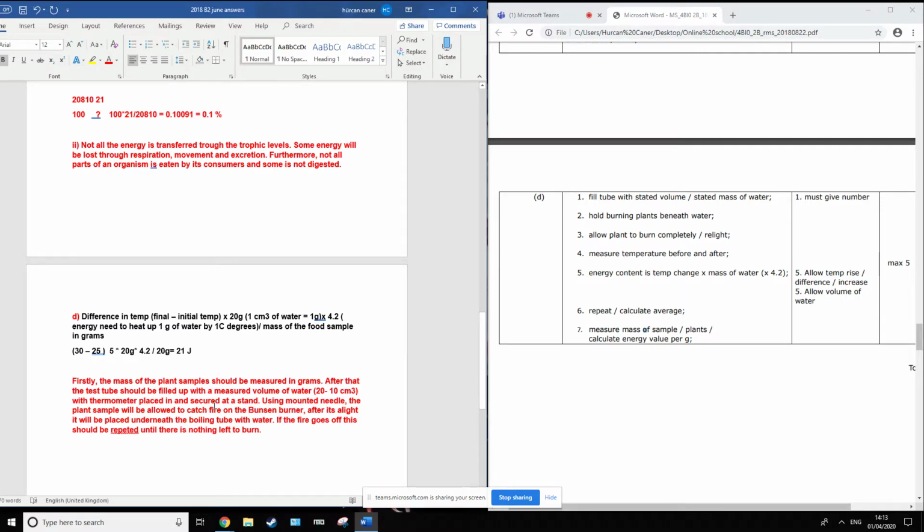Test tube, where did I say test tube again? Okay, and the increase in the temperature of water. Oh, we forgot to mention they should measure the water.